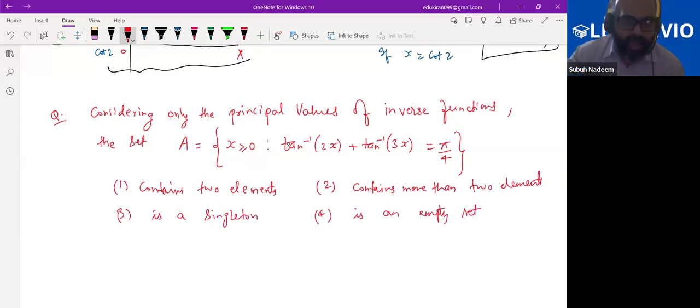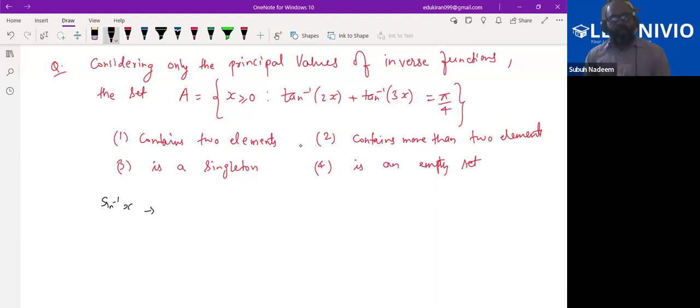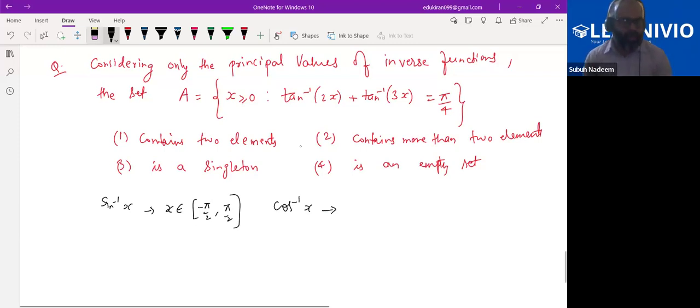So principal values we all know now, they're of different trigonometric functions. If it is sine inverse x, it belongs to minus pi by 2 to pi by 2.